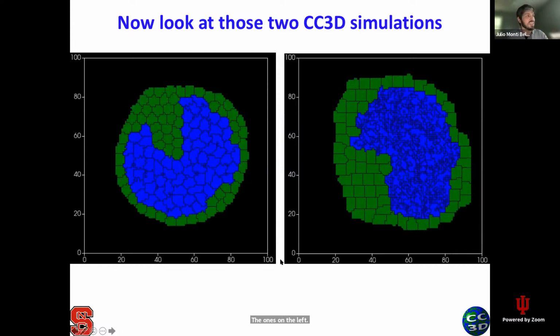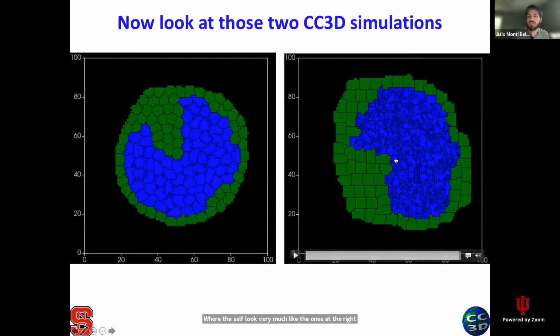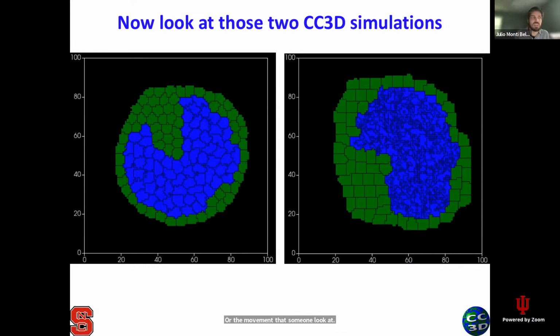And one of the reasons that I want to stress this is that I sometimes see published models where the cells look very much like the ones on the right. When I look at still pictures, the cells look right, but when I look at the movies, the cells are moving, but they're completely disassembling themselves in the process, right? It can also depend on what is happening to the cell.